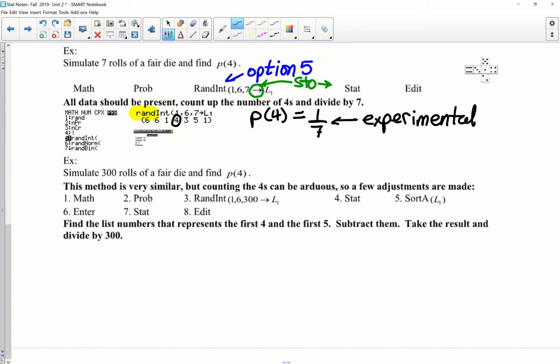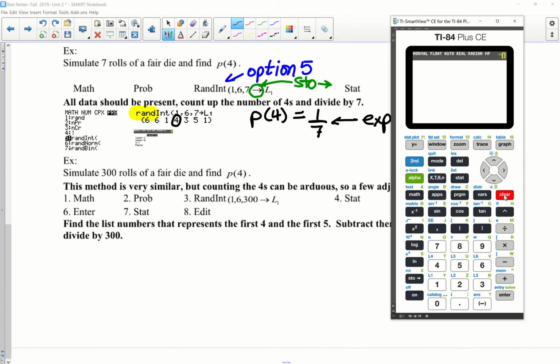All right, so let's do it again. Math, probability, option 5. Again, it's still the same parameters, but this time you want to store it. I'm sorry, not 7. This time 300.